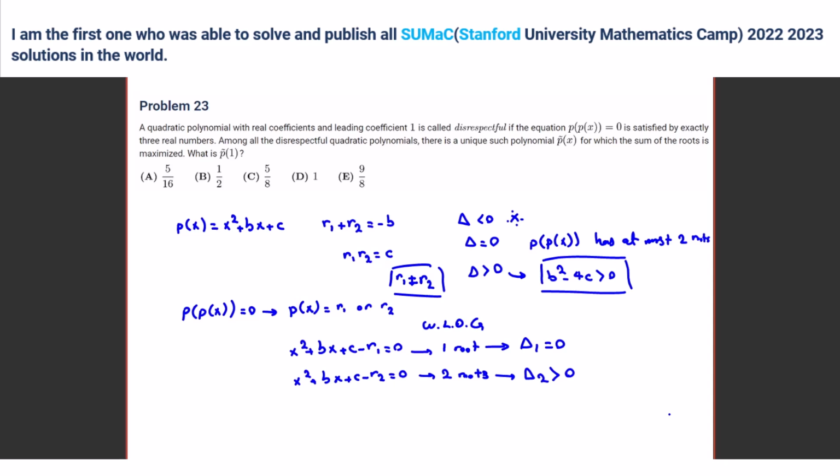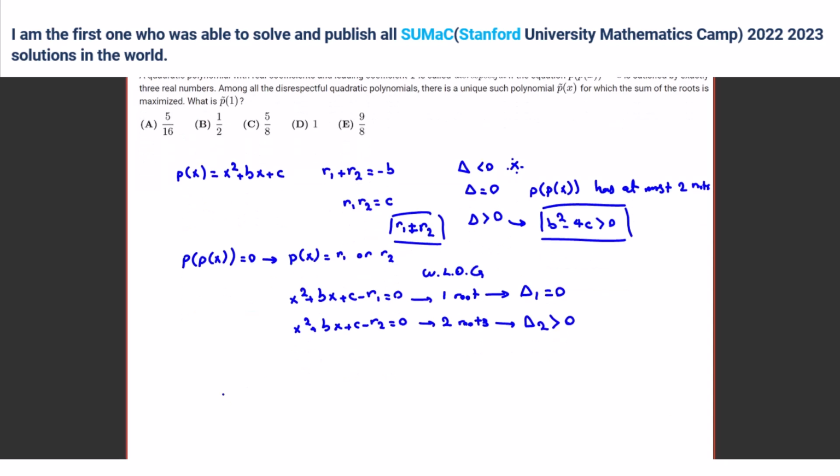Because delta 1 is 0, what can we conclude? B squared minus 4 times c minus r1 equals 0. Yes, and because delta 2 is positive, b squared minus 4 times c minus r2 is greater than 0.